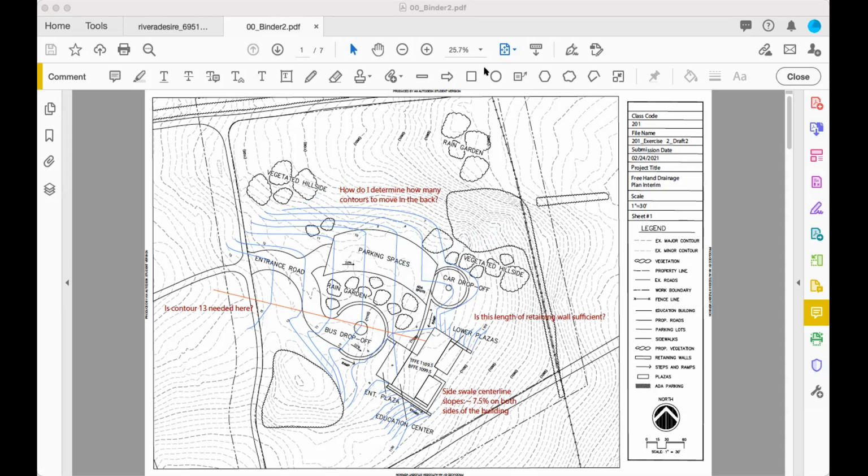So your swale center line, if it goes this direction, then that would, yeah, I can see your dilemma of whether or not to sway the contours back out.